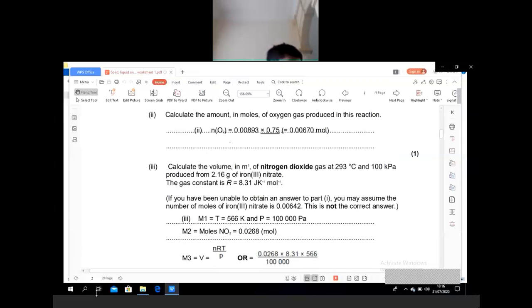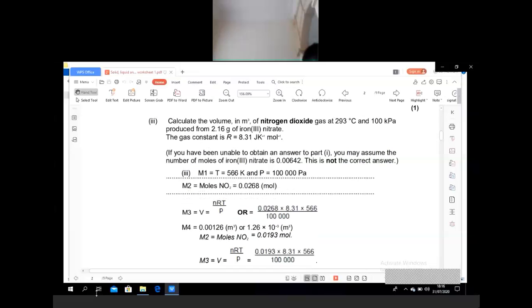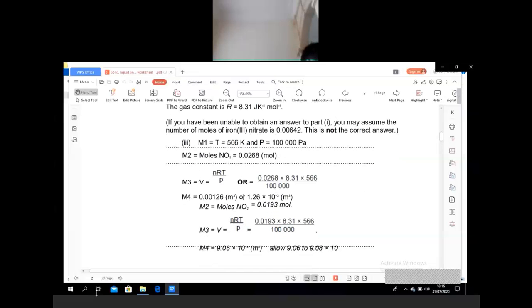And then the formula we have to use is PV equals nRT, so V equals n times R times T divided by pressure. And then we do the calculation. Here we find the volume to be 0.0012.